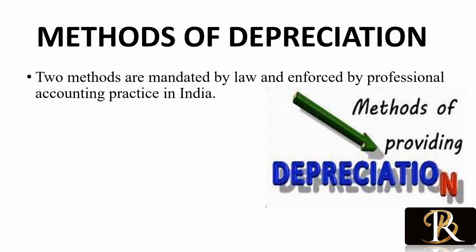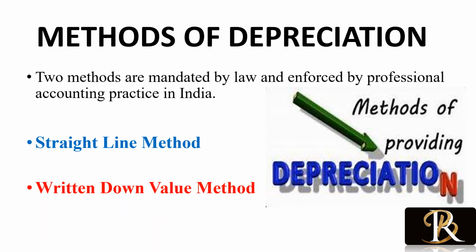Number one is the straight line method, and number two is the written down value method. Except for these two methods of depreciation, many other methods are available to provide depreciation.